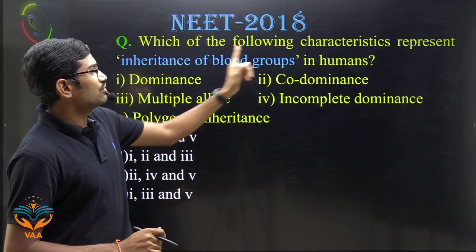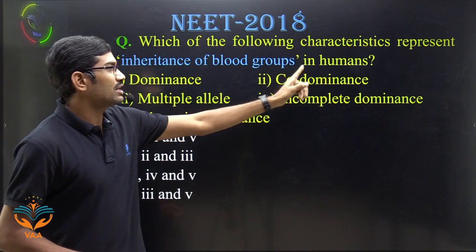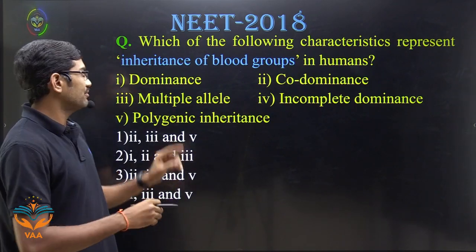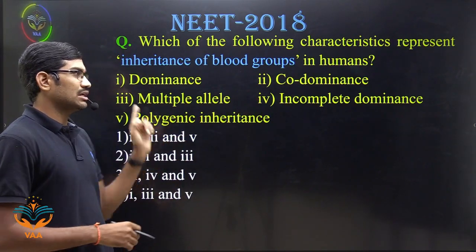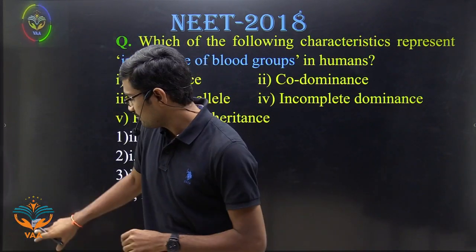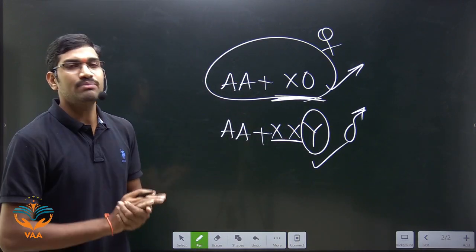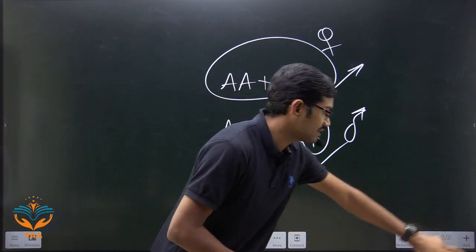Next one. Which of the following characteristics represent inheritance of blood groups in humans? Here they have given dominance, codominance, multiple allelism, incomplete dominance, and polygenic inheritance. Out of these, how many are actually related to human blood groups? Very simple concept, but very important.